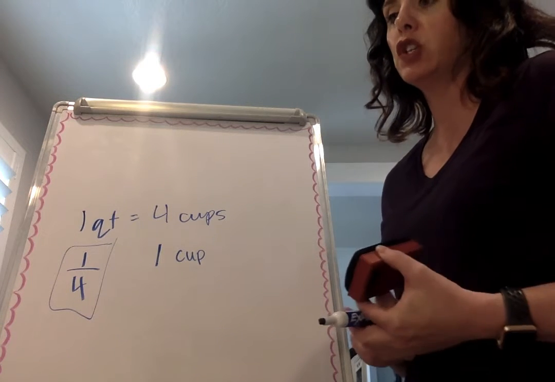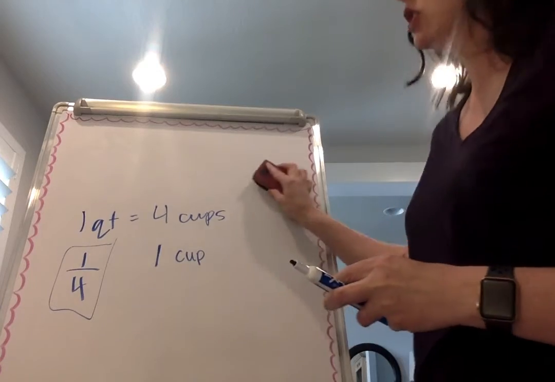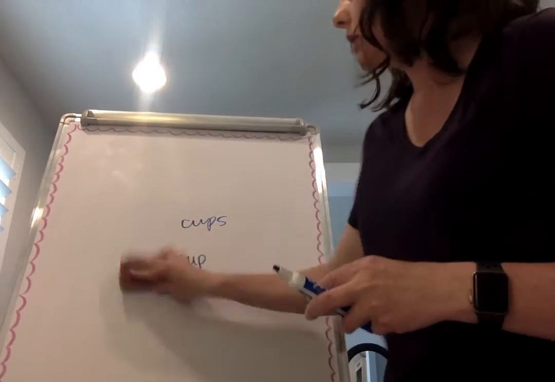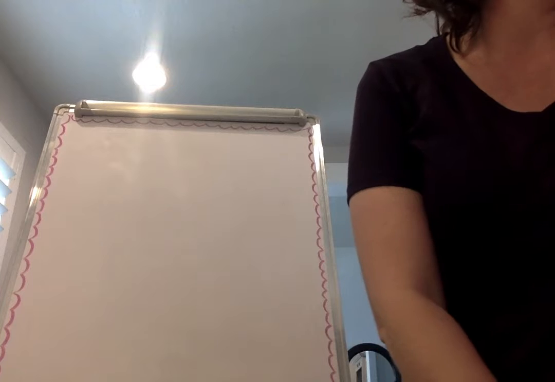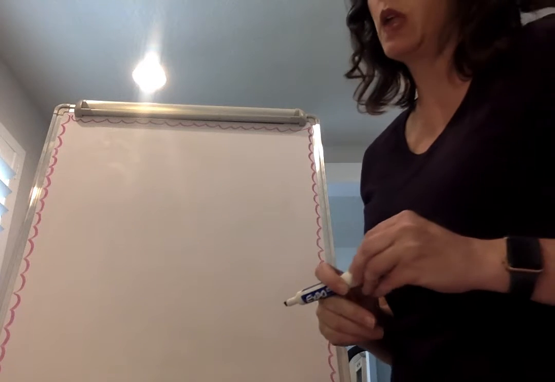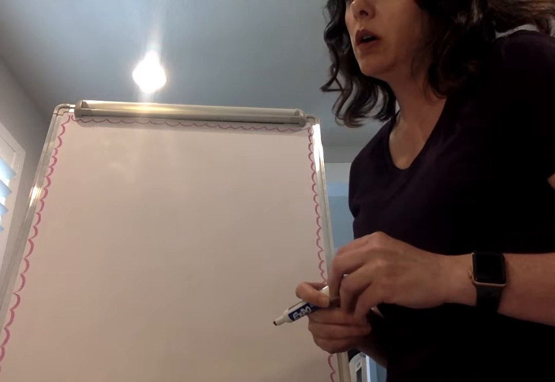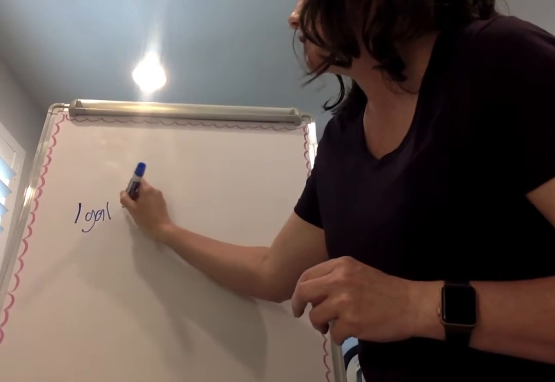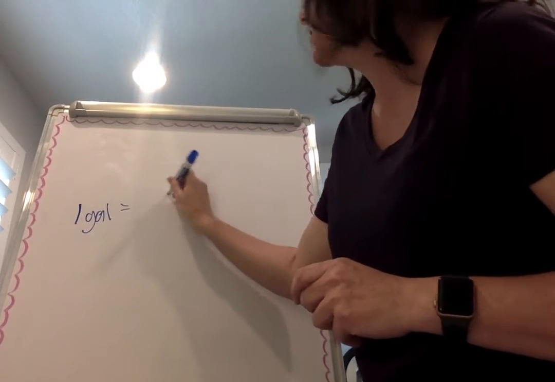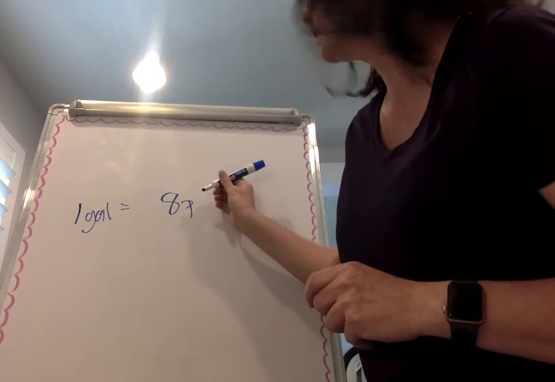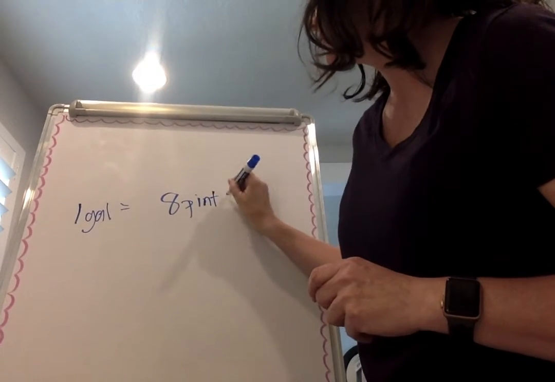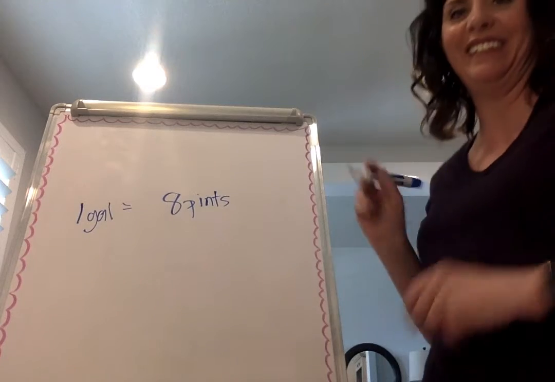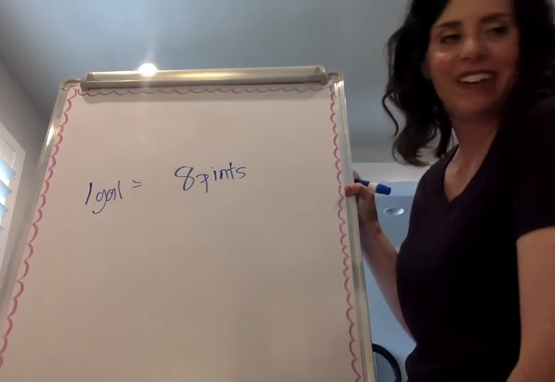It says, what fraction of 1 gallon is 3 pints? Okay. So 1 gallon equals 8 pints. Can you see okay? All right.